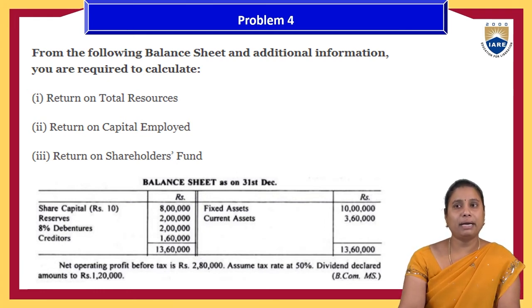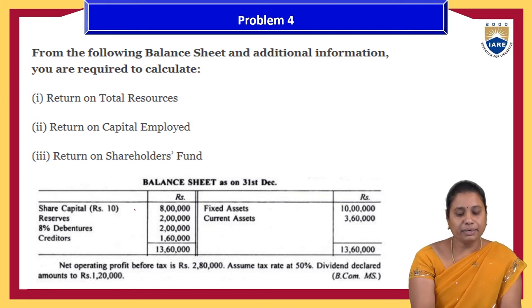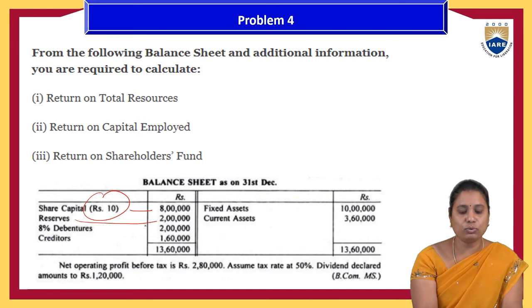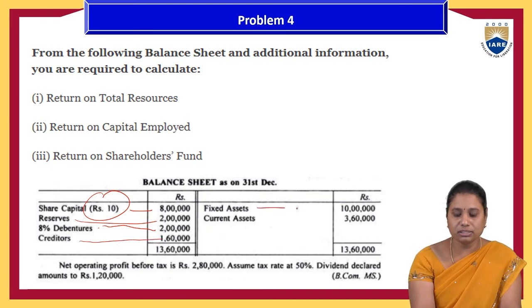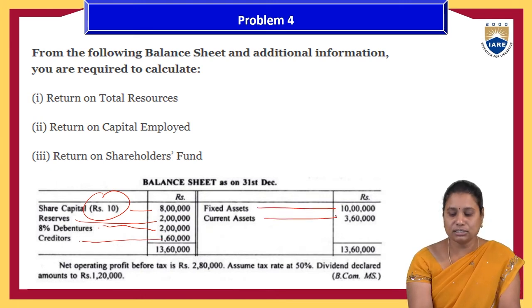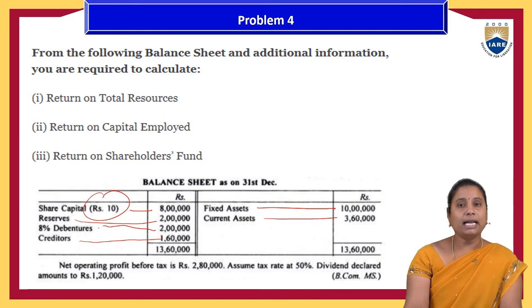They have provided the balance sheet: share capital of 8 lakhs, each share value of 100 rupees, reserves of 2 lakhs, 8% interest payable debentures of 2 lakhs, creditors of 1,60,000, fixed assets of 10 lakhs, current assets of 3,60,000, and net profit before taxation of 2,80,000. Assume the tax rate is 50% and the dividend declared is 1,20,000.